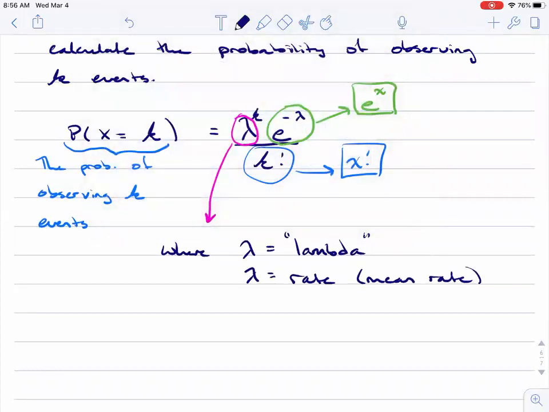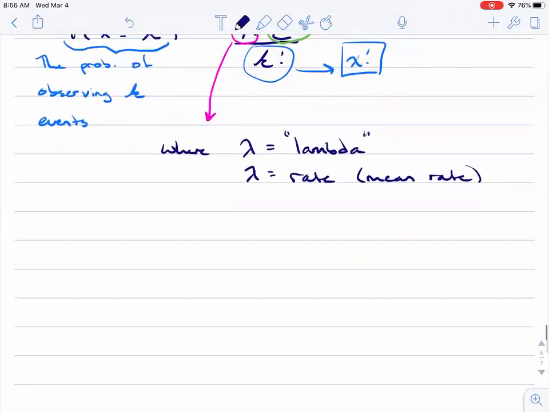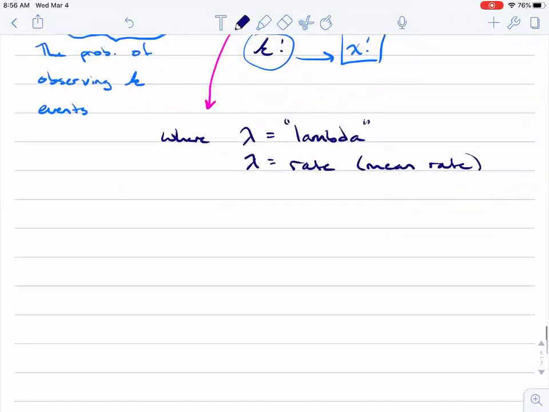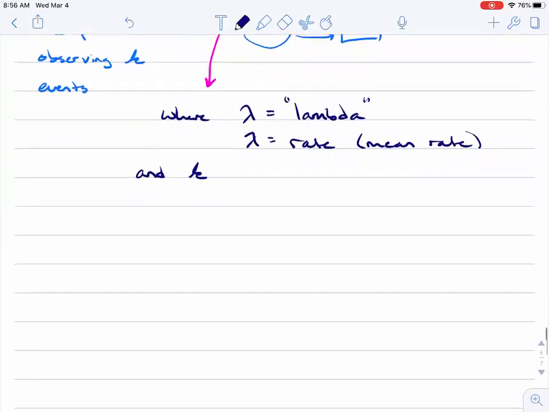And k has to be a count, so they have to be whole numbers. So k can be 0, 1, 2, 3, 4, 5. So it's a discrete distribution, and k may take on values on and on and on.